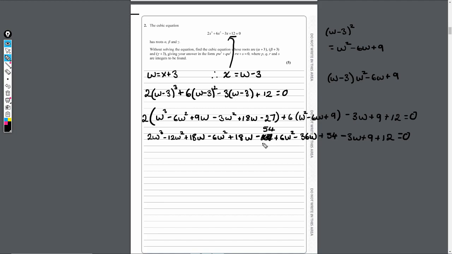So, looking across here now, I notice some terms that will just cancel with each other. So I've got a minus 6w squared here and a positive 6w squared. So that will cancel with that. Have I got anything else? I should do. I've got 18w here, 18w there, and I've got a minus 36w there. So they will cancel with that. Okay, so they cancel. Is there anything else that cancels here?